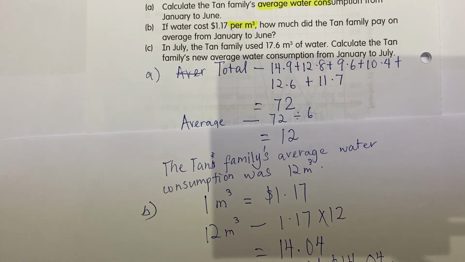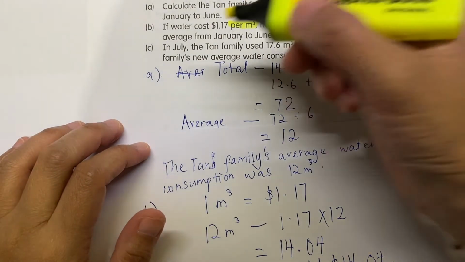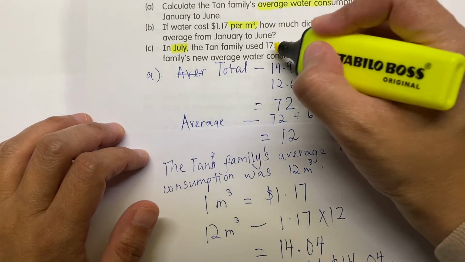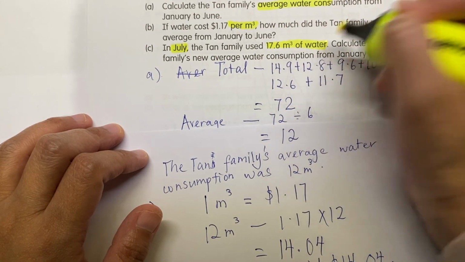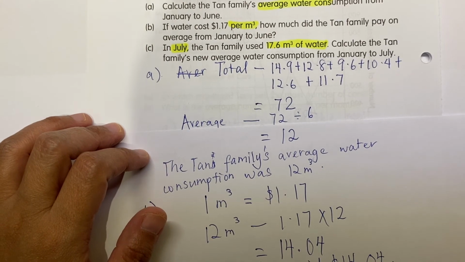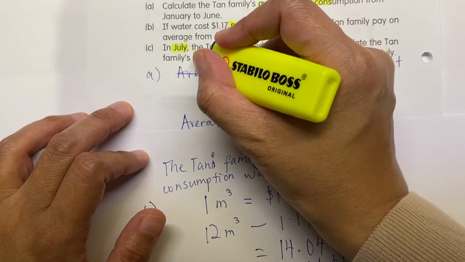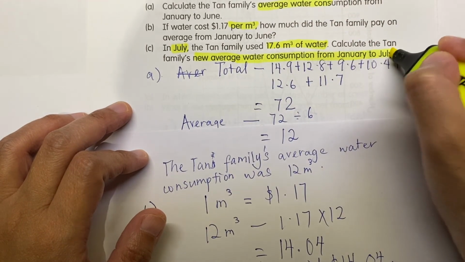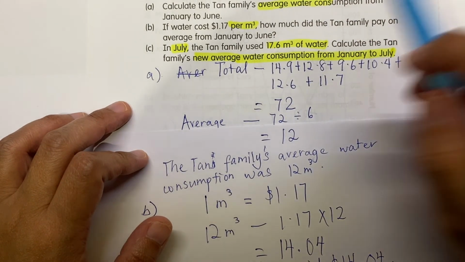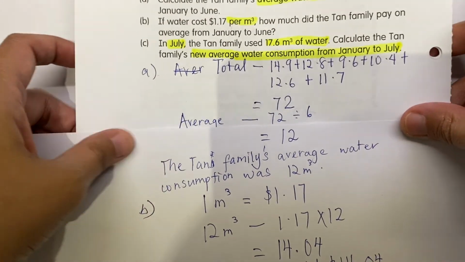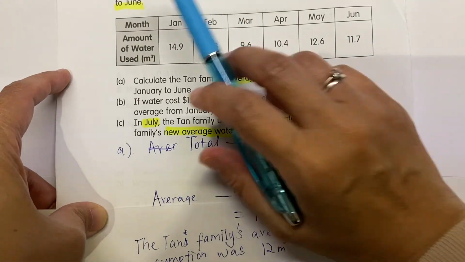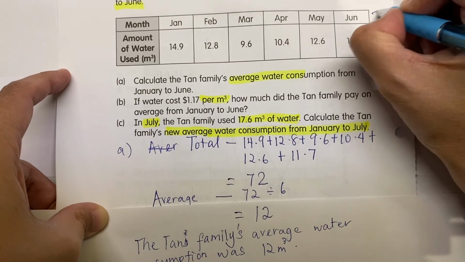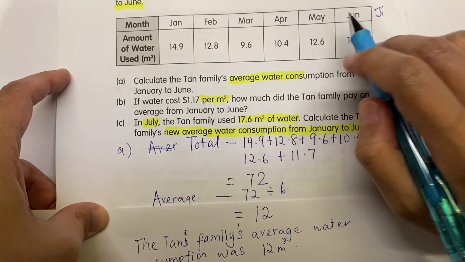Part C, in July, they're talking about July. The Tan family used 17.6 cubic meter of water. Calculate the Tan family's new average water consumption from January to July. As you can see, what they gave us before was from January to June.